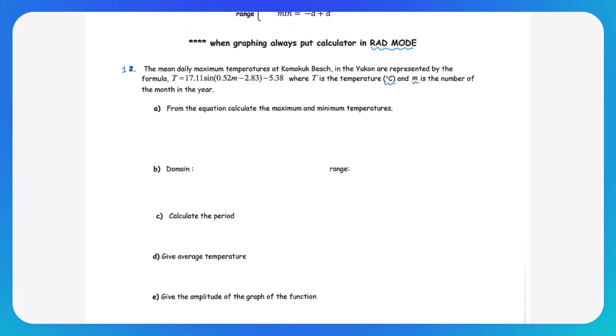As you can imagine, mean daily temperatures fluctuate, and because they fluctuate in a cycle from year to year, that's why we get that sinusoidal function.